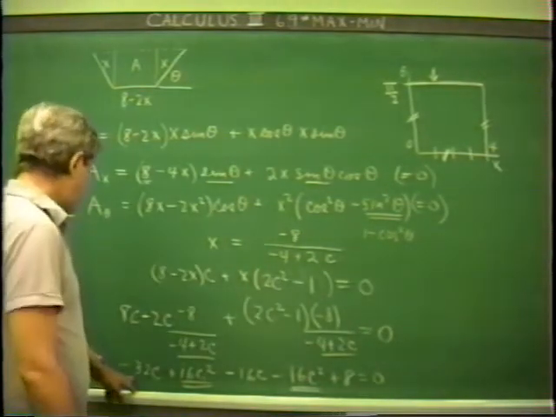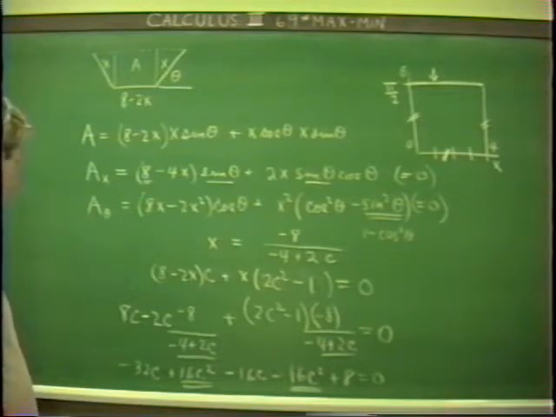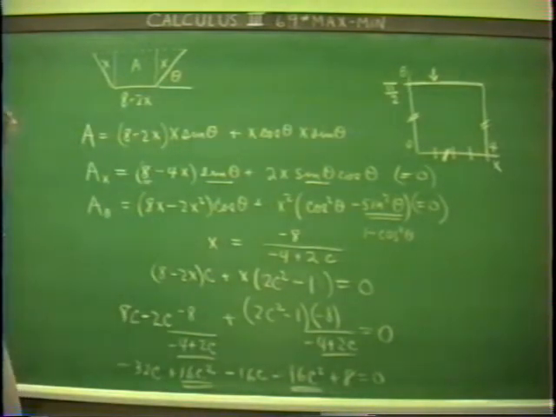So what have we got? We've got 16c squared minus 16c squared, and we've got minus 32c minus 16c, yeah?